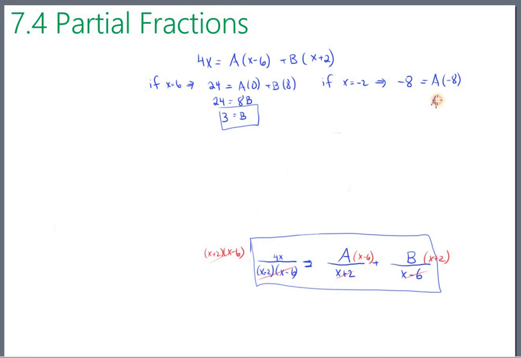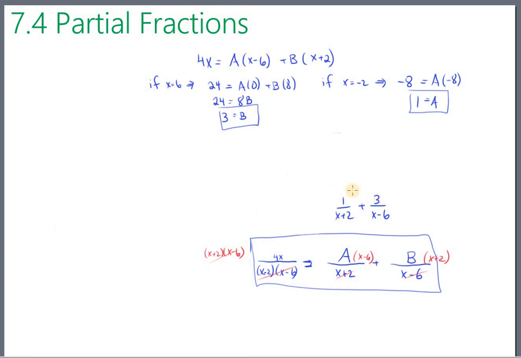And A is 1. And we get that all-important breakdown of knowing the integral is now A is 1, so 1 over x plus 2 plus 3 over x minus 6. And now, again, this is an easy integral to do.